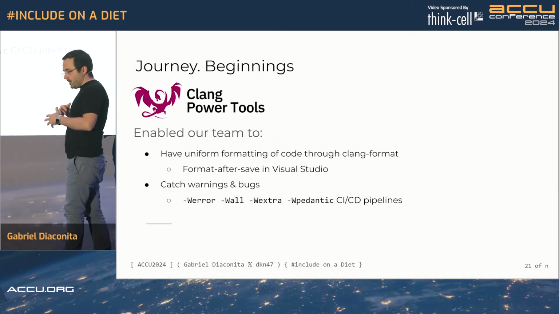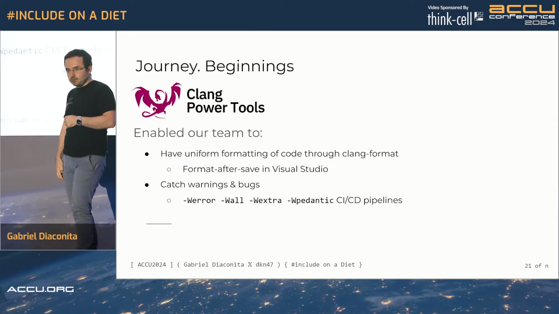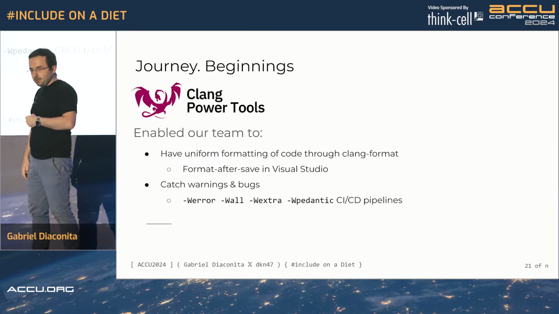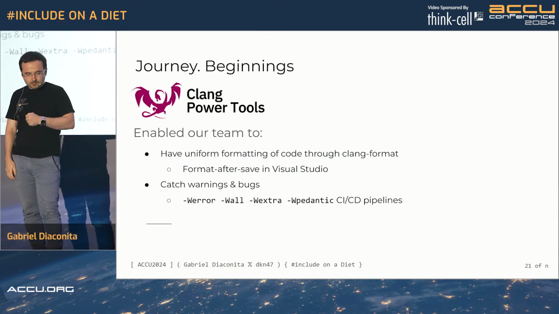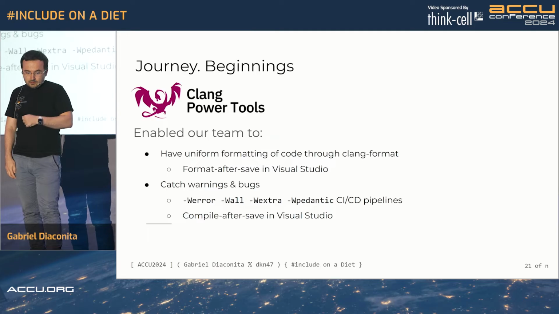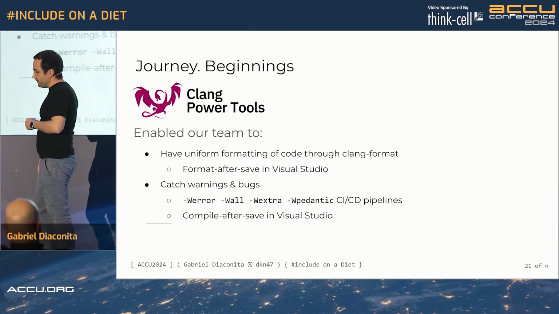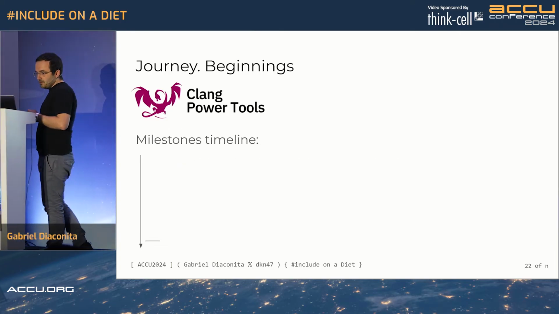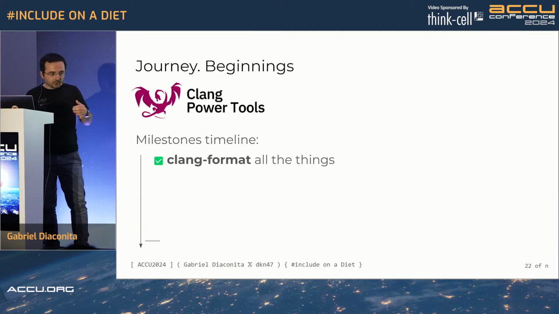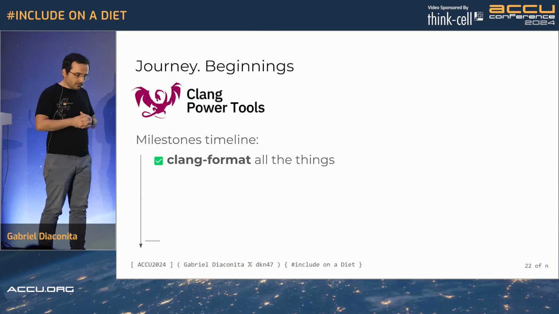So after the MSVC compiling step, we also rely on Clang to give us some info about our code and if there is anything there to fix. And this can also be used directly from Visual Studio after you save the file, so right in the hands of the developer.